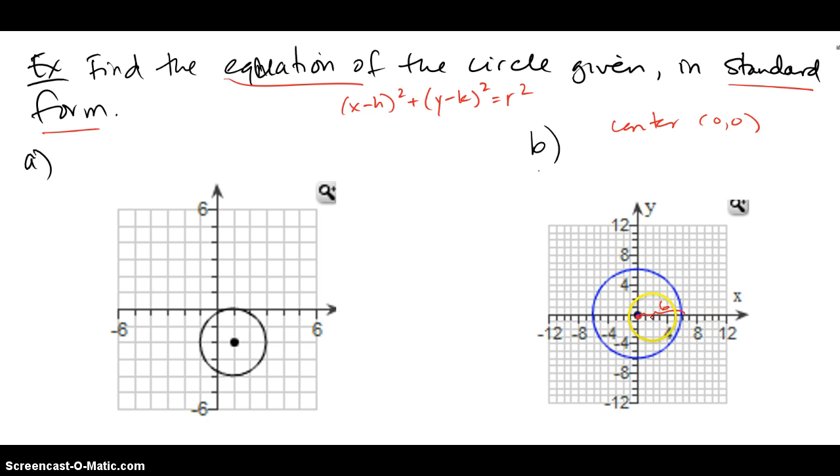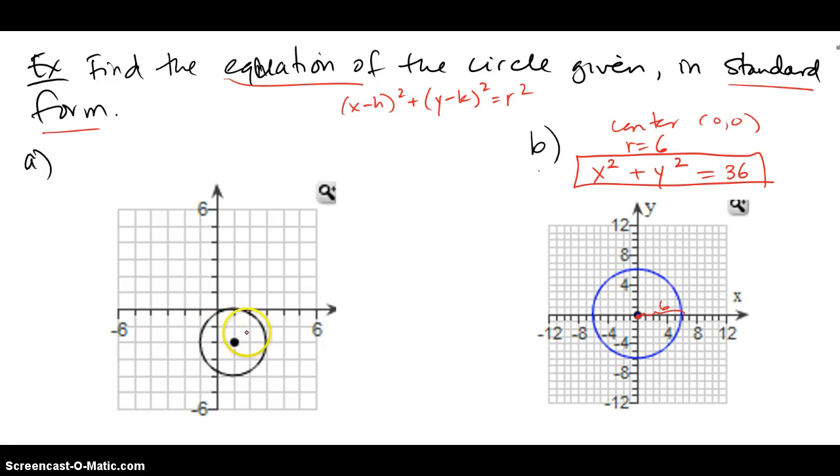It's easiest to go to the right for me, so it looks like I've gone 6 to the right, and also 6 up, 6 left, and 6 down, so the radius must be 6. Therefore, I have x squared, since the center is (0, 0), plus y squared equals r squared, which is 36. And that's our equation in standard form.